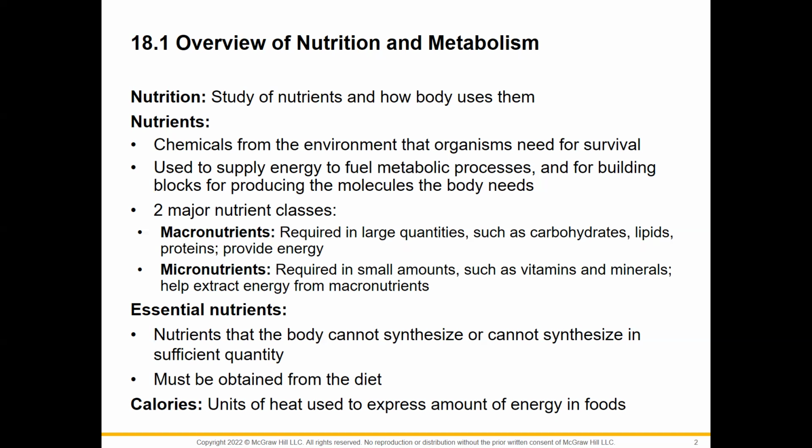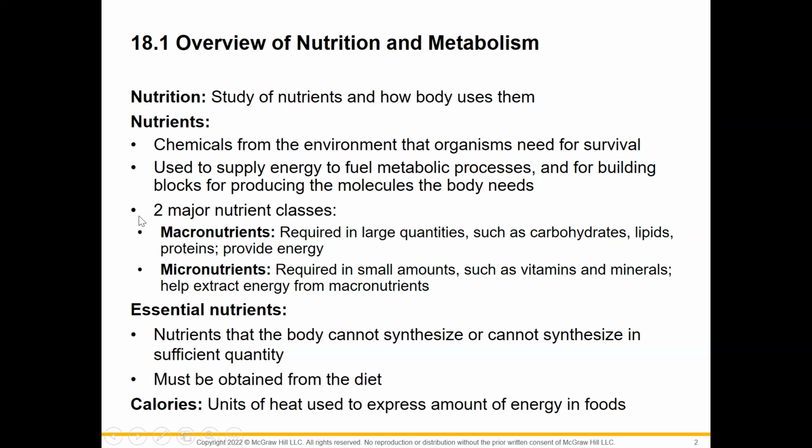Everything you eat, everything you drink, everything you breathe goes into your body and has the potential to be added into who you are. So understanding nutrition and nutrients is the best way for you to build a better version of yourself.